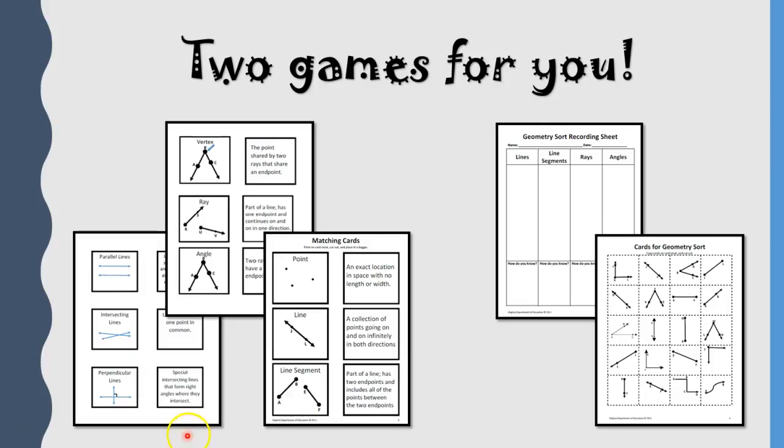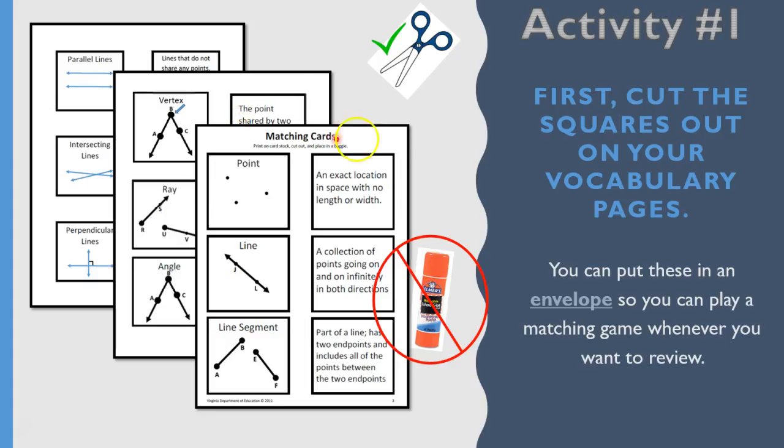All right, friends, I'm going to be sending 2 games to you in your email. This one is a matching game, and this one is also another matching game, but a different type. So for this activity here, what you're going to do is cut everything out. And for this one, you're not going to need any glue.